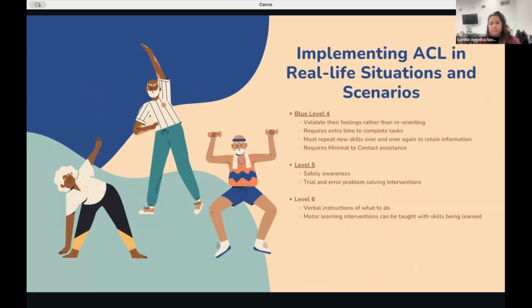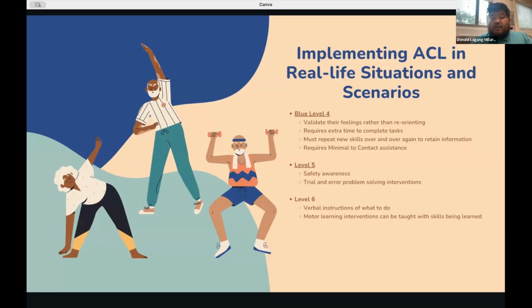These clients can complete their tasks, but they require a little bit more time than usual. They can learn new tasks, but they must repeat the skill over and over again to retain information. And usually in these levels, they require minimal to contact guard assistance. Level 5 is just slight impairments to their cognition.